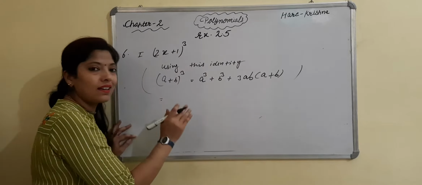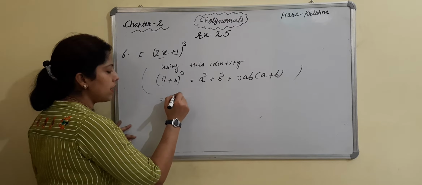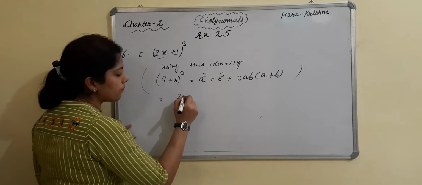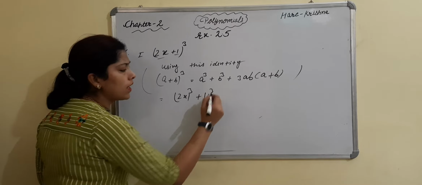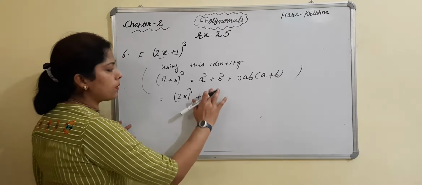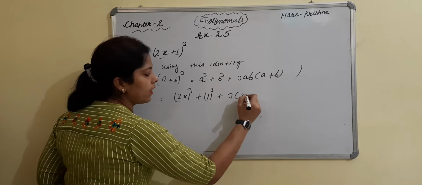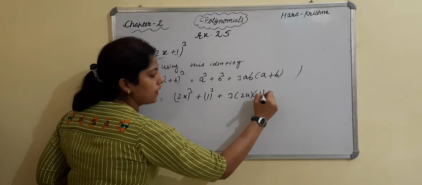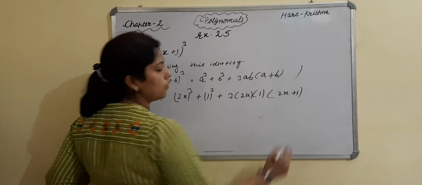Now use direct identity. This is our a and this is our b. A क्या है? 2x. (2x) cube plus 1 cube. 1 cube is 1. (2x) cube plus a cube plus b cube plus 3a into b into (a + b). A क्या है? 2x plus 1.